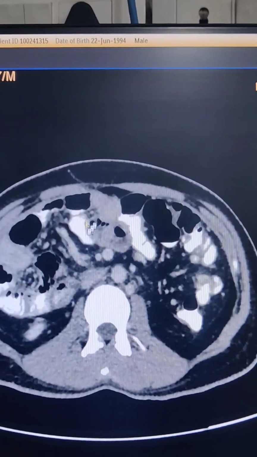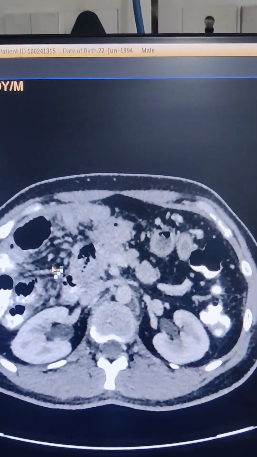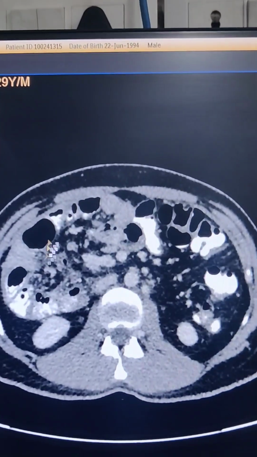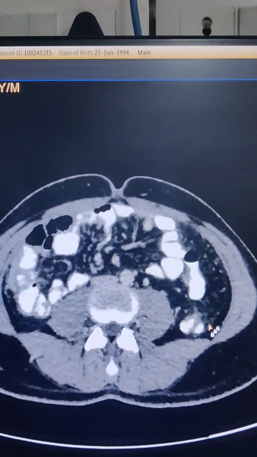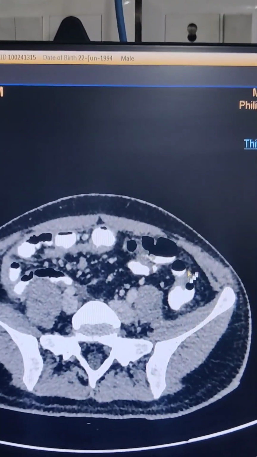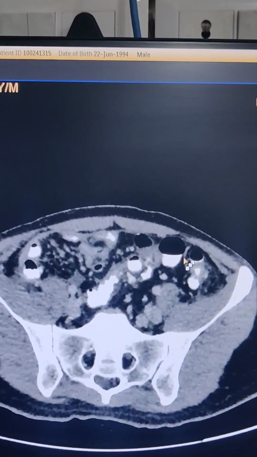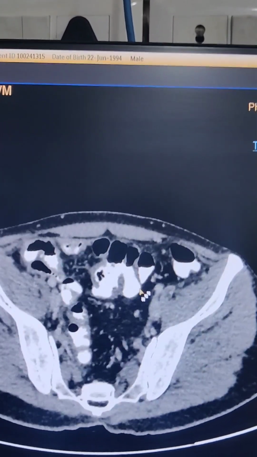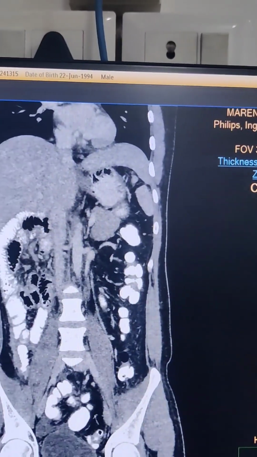We can see all of the jejunal loops lying in the right hemiabdomen, and the large bowel lying in the left hemiabdomen. And here we have the cecum, and this is the IC junction. It is better visualized on coronal reformat images.